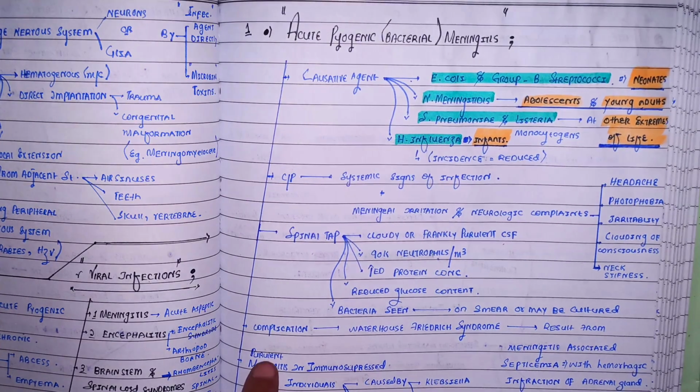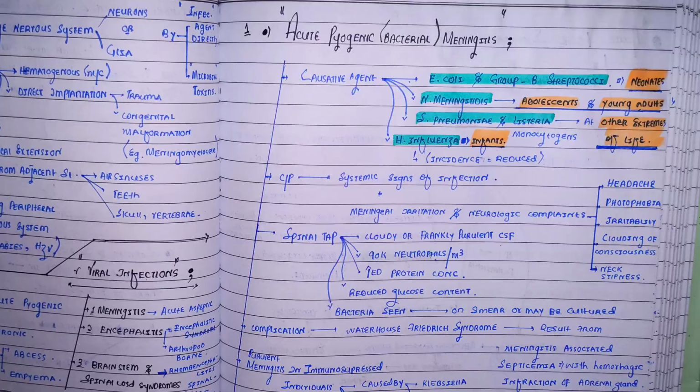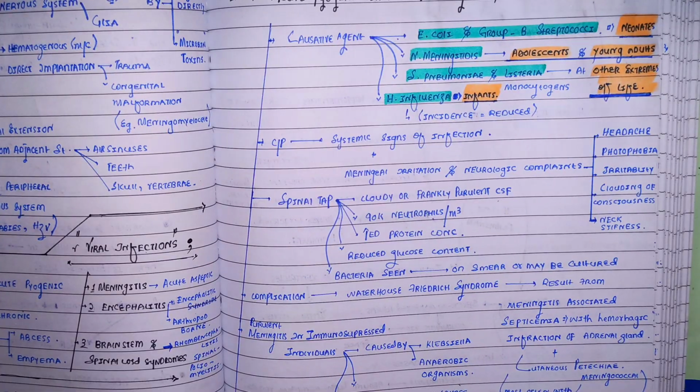What are the possible complications of acute pyogenic bacterial meningitis? If you keep this meningitis untreated, what will happen is Waterhouse-Friderichsen syndrome. What actually is it? It results from meningitis-associated septicemia.